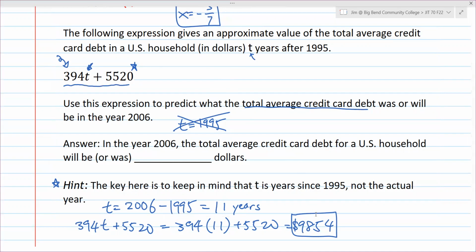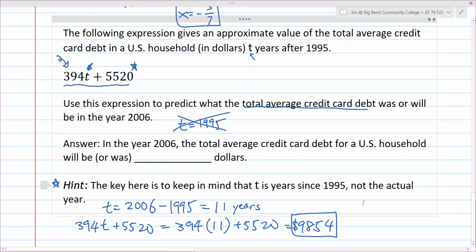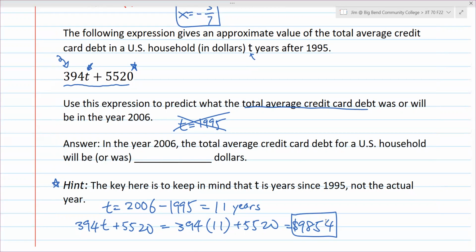So this is how we solve the problem. Mathematical reasoning is the key, and knowing the language of math is the key too. Make sure you practice more problems in your homework, and I'll see you next time.